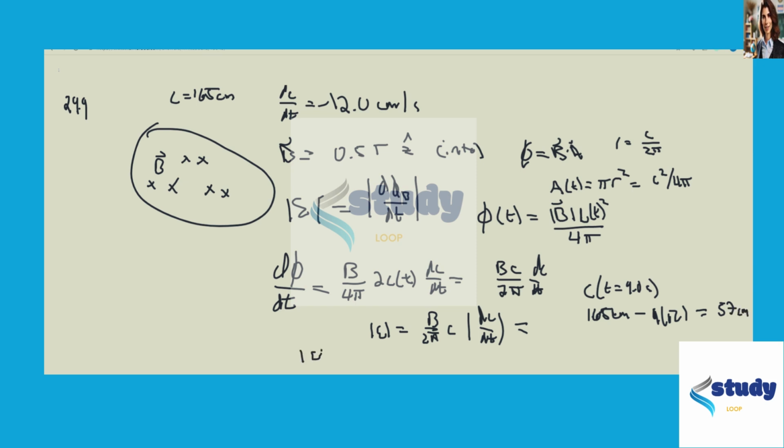So let's calculate this now. We have 0.5 tesla over 2 pi times 57 centimeters times 12 centimeters per second. If we plug this all in SI units, it comes out to 5.44 millivolts. Cool.